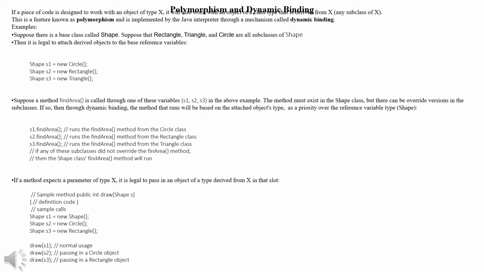How? As you see in this example, Shape s1 = new Circle, Shape s2 = new Rectangle, Shape s3 = new Triangle. So as you see, we are creating one object from class Circle, one object from class Rectangle, and one object from class Triangle.